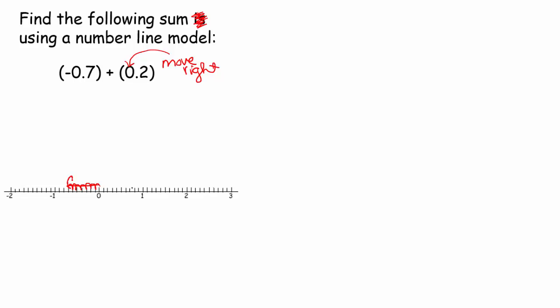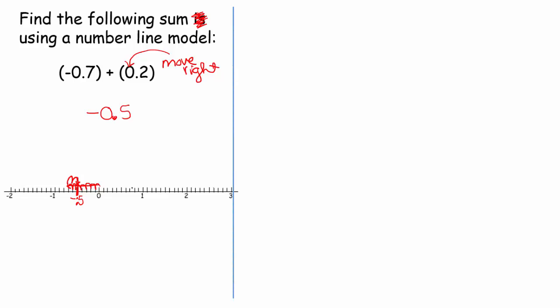So now I just go 1, 2 places back, and that ends me up at negative 0.5. Hopefully you can see that point is right between 0 and negative 1. That answer is going to be a negative 0.5.